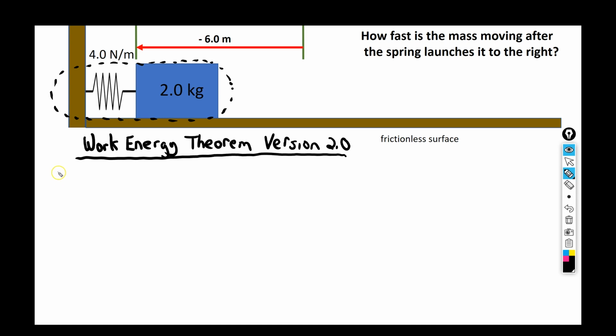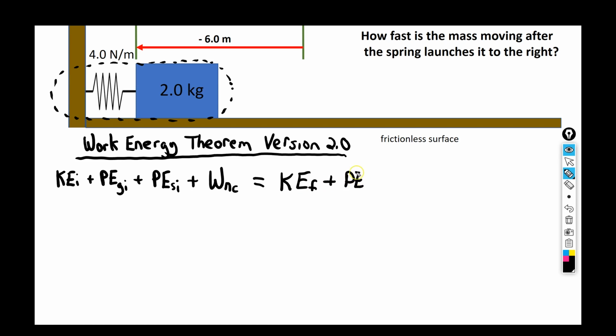Now we could state that the initial kinetic energy plus the initial gravitational potential energy plus the initial elastic potential energy plus the non-conservative work done equals the final kinetic energy plus the final gravitational potential energy plus the final elastic potential energy.